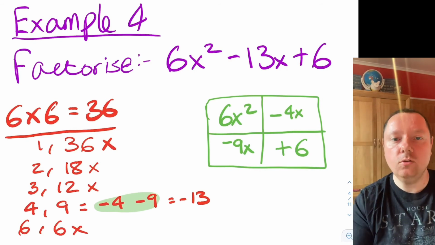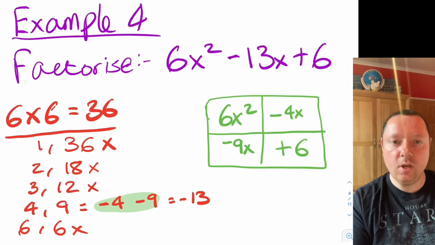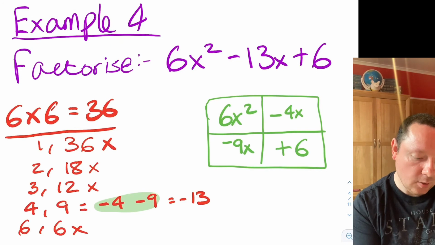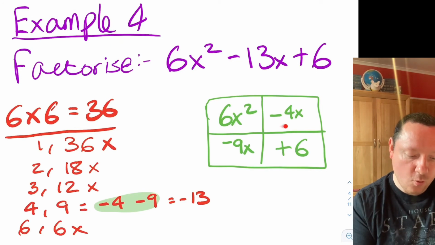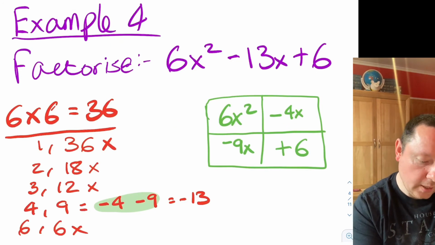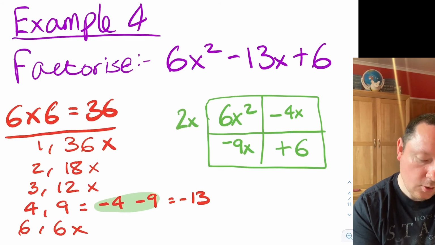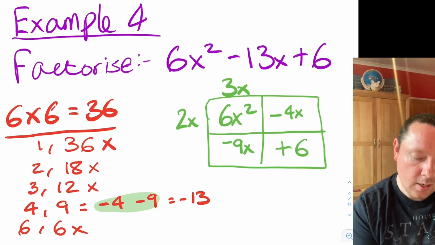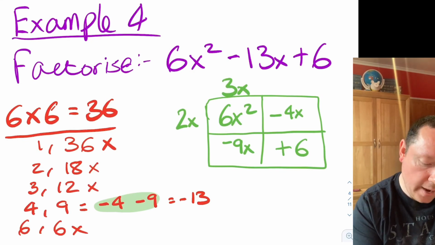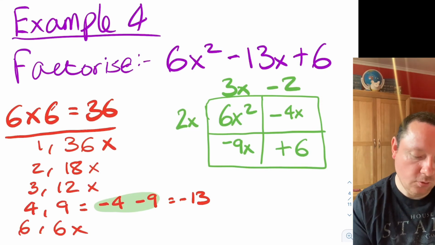So then we'll just do what we did in the previous examples. We're going to look for the biggest number that goes into 6 and 4 to make this number here. Well, the biggest number that goes into 6 and 4 is 2, so I'm going to write 2x. 2x times 3x equals 6x squared. 2x times minus 2 equals minus 4x.